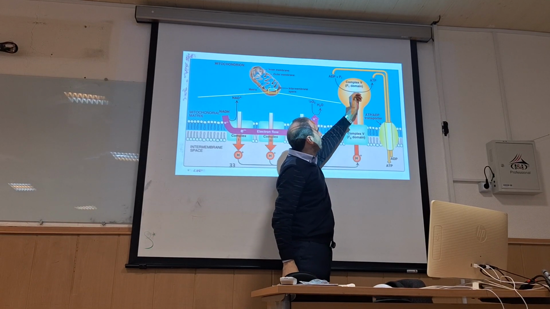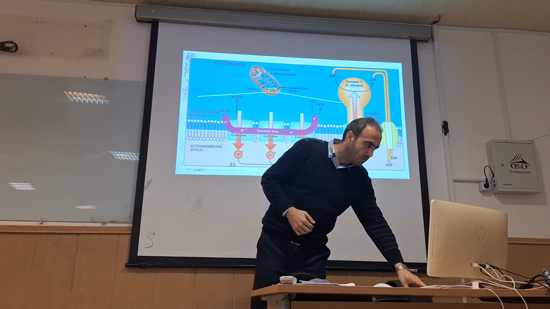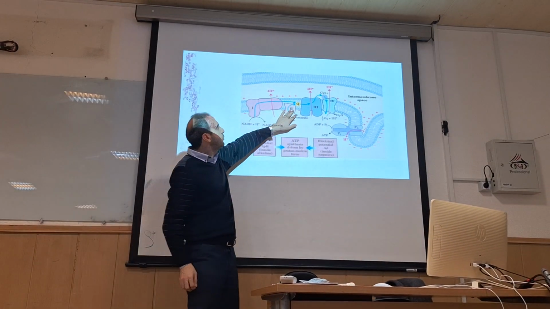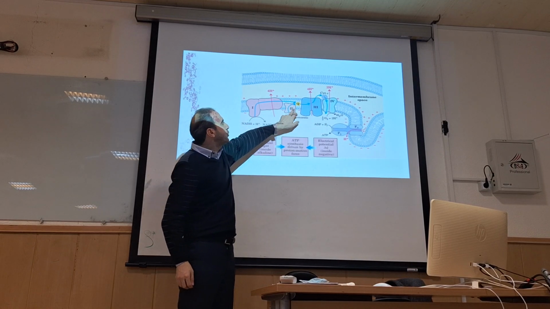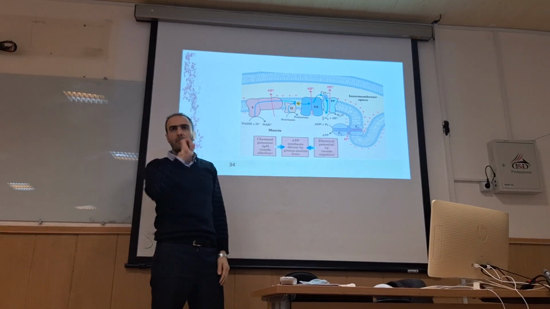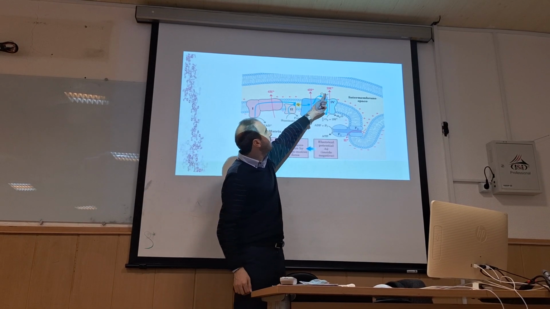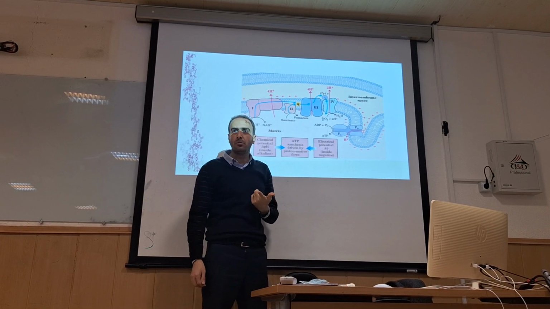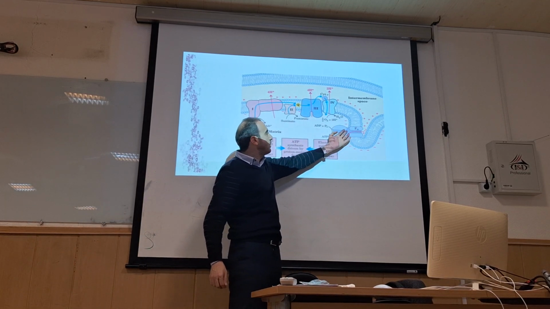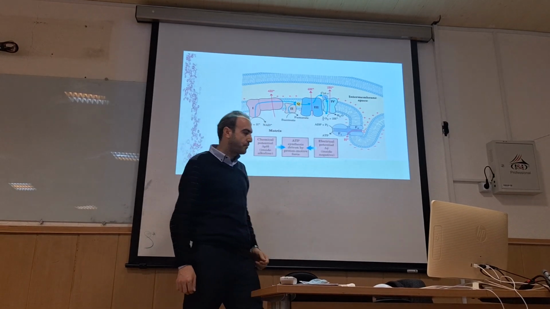The F1 domain creates ATP, and the F0 is a channel for transportation of proton. Again, this is complex number 1, 2, 3, and 4. Because number 2 is not transmembrane and is attached to the matrix side, it cannot pump proton. But here we have a 4, and here 2 and 2. All of these protons are going back to the matrix through F0, F1, ATP synthase.